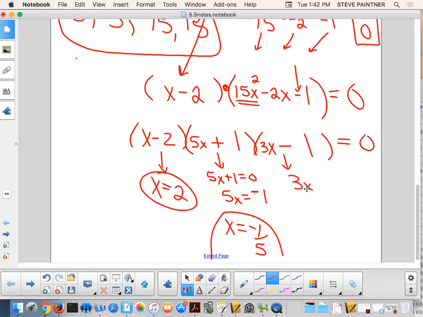Here, show your work. 3x equals 1, or better yet, answer? 1/3. That's it. Now, will you just look in your list for me? Are this number and this number in that list? Yeah, but don't start with fractions when you do that synthetic stuff. You want to start with whole numbers.